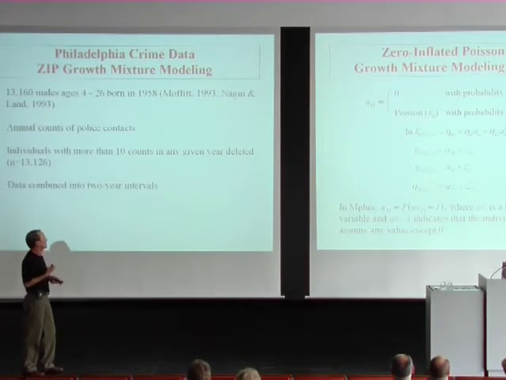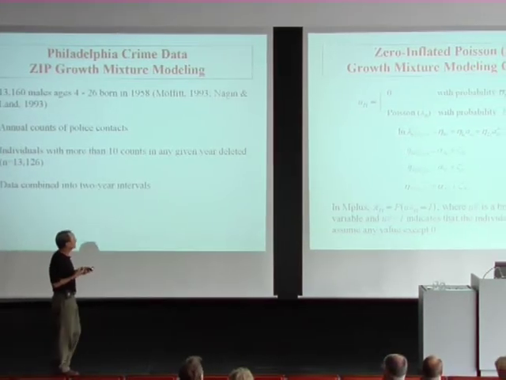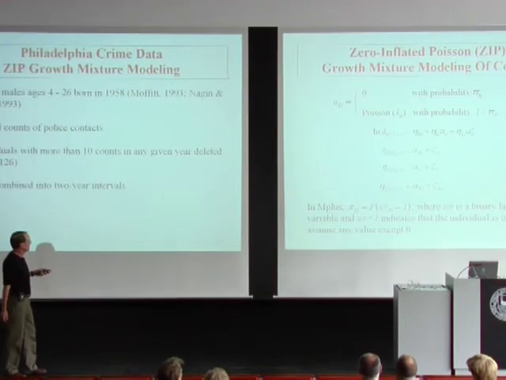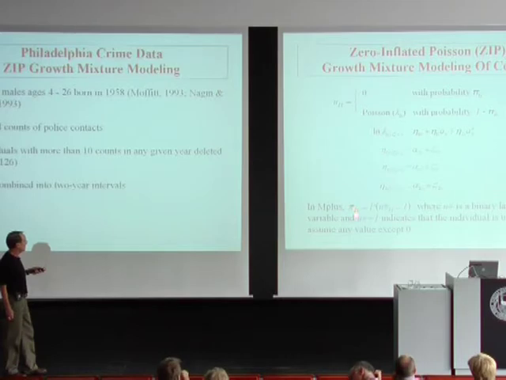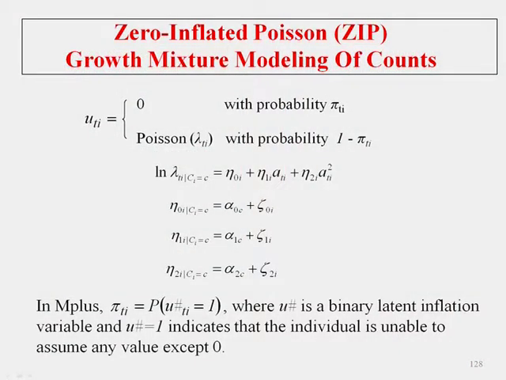And then we note also that in Mplus, regarding this inflation, the probability of being a non-criminal for person I at time point T is the probability that U number, or actually in Sweden they call that fyrkant, square. I don't know if they call it square in German, but we call it a number sign. So U number Ti is equal to 1, where U number is a binary latent inflation variable.